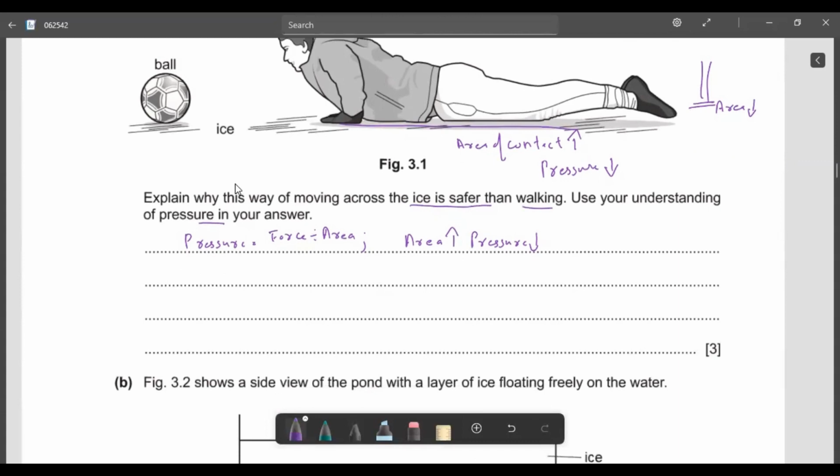So we can write the answer as: when he is lying down, the weight of the person is spread over a much greater area.